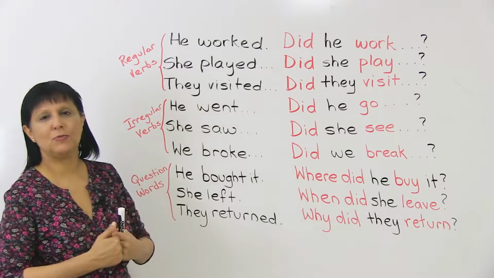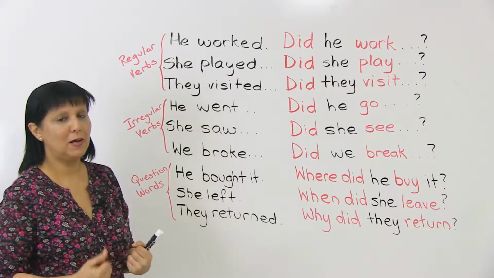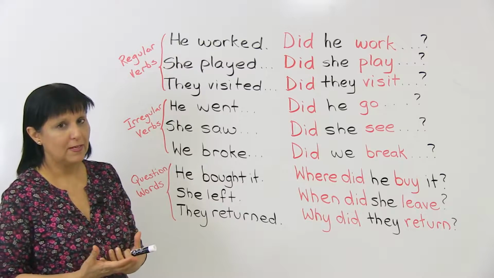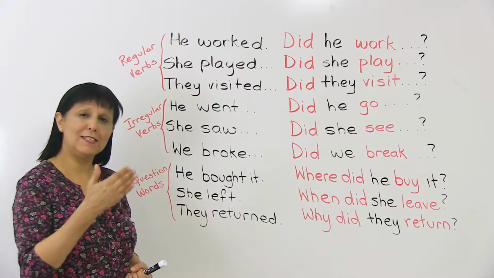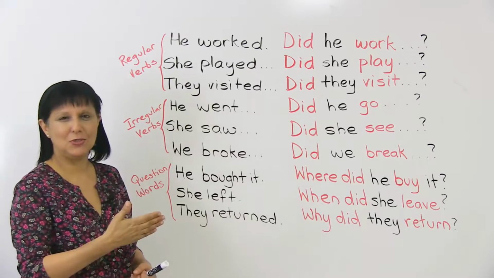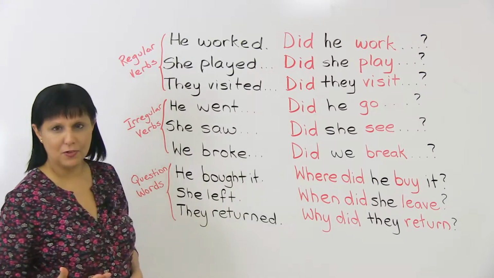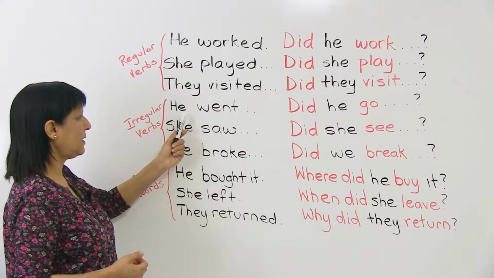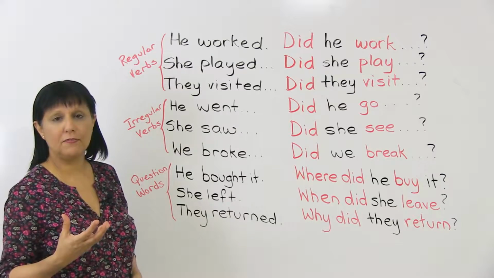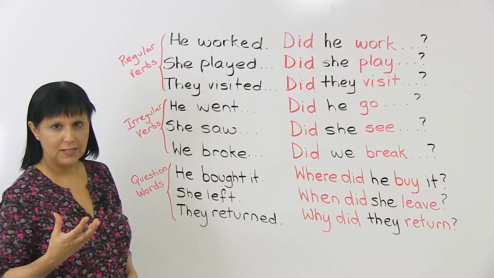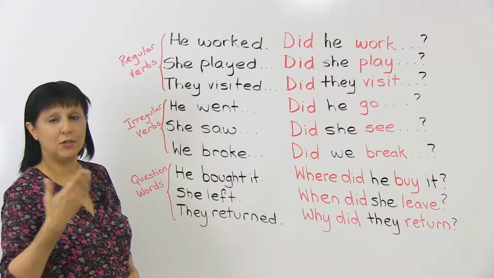Now, what happens when we have irregular verbs? Well, you have to learn a little bit more. First, you have to learn what is the past tense form to use with those irregular verbs. So, for example, in this one, the verb itself is the verb go. I go, or let's say he goes.